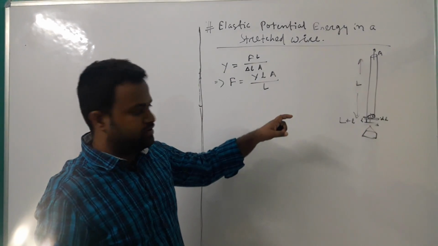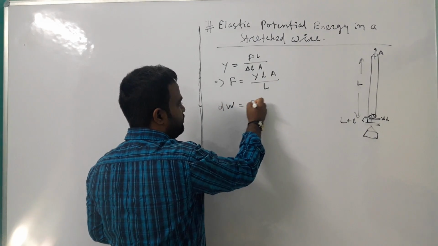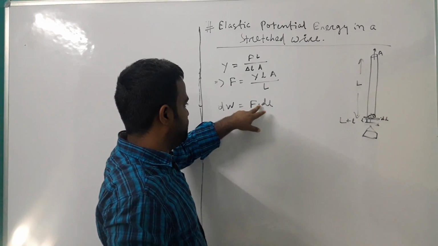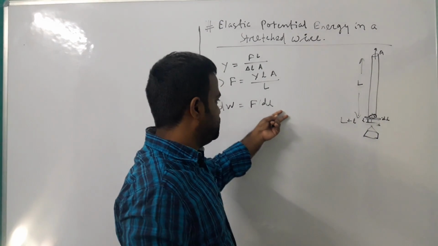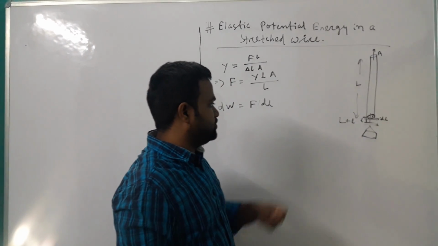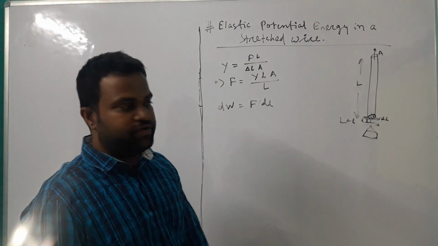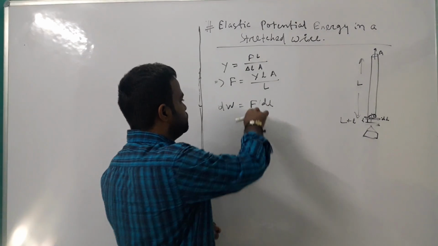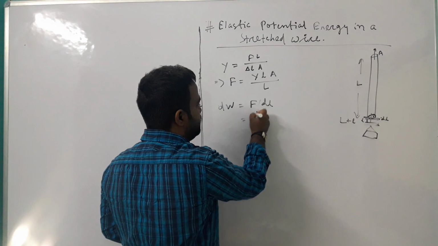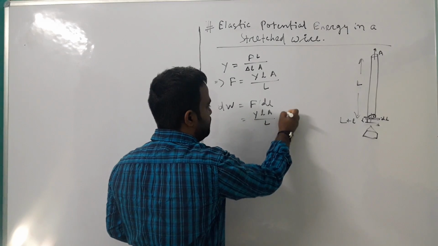For an infinitesimal increment, the work done dW is F dot dl, or F dl, because cos 0 is 1, since the force is along the direction of the increment, so theta is 0 degrees. Putting the force from here, that is Y l A upon capital L dl.